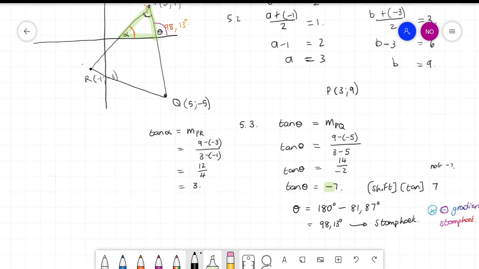Okay, in other words, now I just say shift tan 3. You don't have to do the 180 minus now, because this is positive. So it's 71,57 degrees.